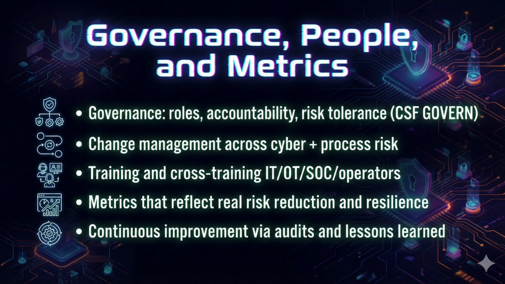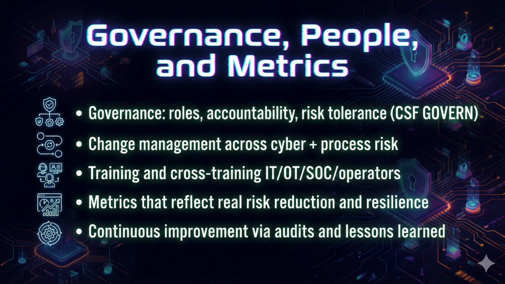Training matters too. OT operators need to recognize suspicious behavior and know how to escalate it. Security analysts need enough OT context to avoid false alarms and dangerous recommendations. Cross-training reduces friction and improves response time.